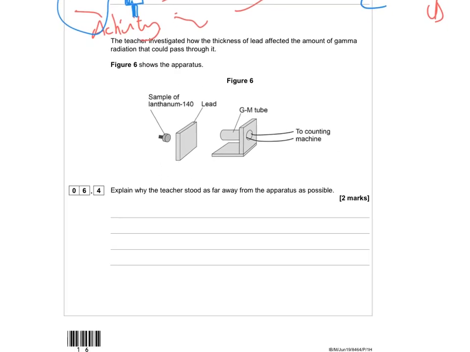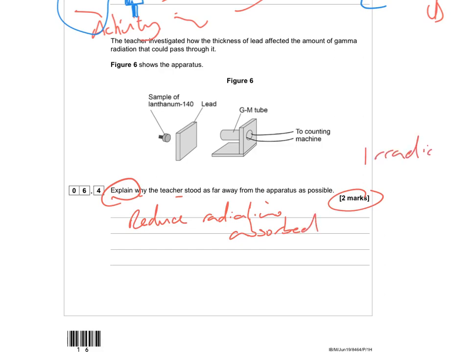Okay, explain. We've got to give a reason why for 2 marks. Explain why the teacher stood as far away from the apparatus as possible. Well, that's a little bit obvious, really, and that is just to reduce the radiation that is absorbed. Again, if you remember, this is irradiation, not contamination.